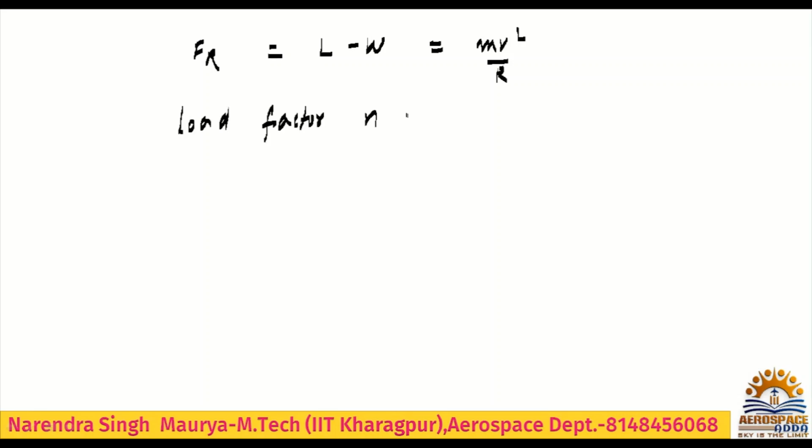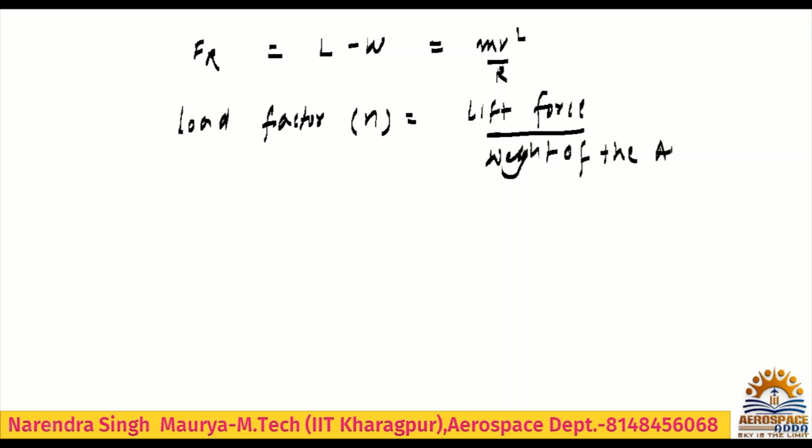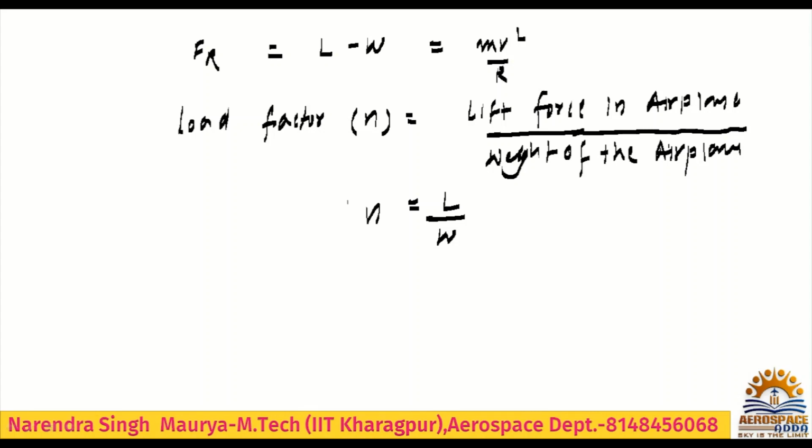It is denoted by n, and it is nothing but lift force divided by weight of the airplane. The lift force generated in the airplane is L, and weight is W. So basically n is equal to L by W. This is the load factor.